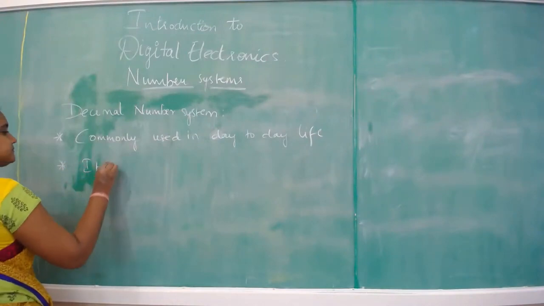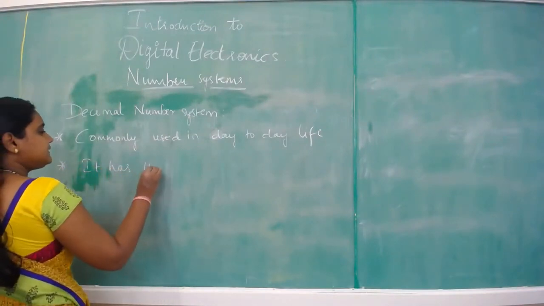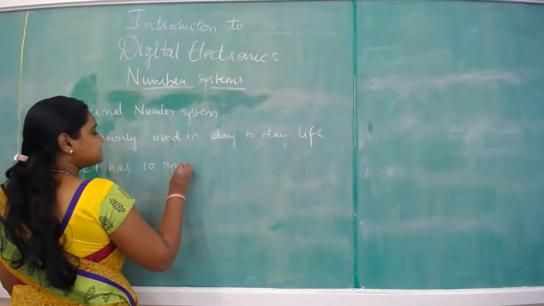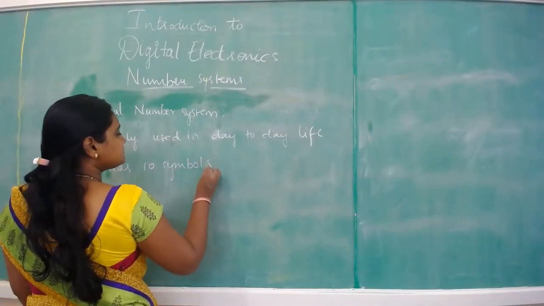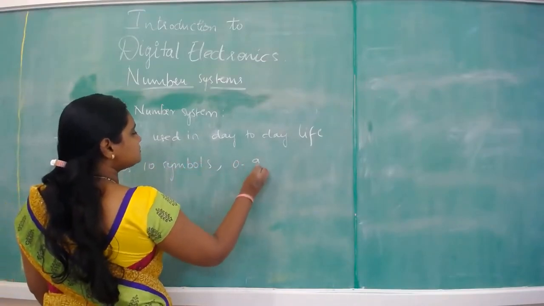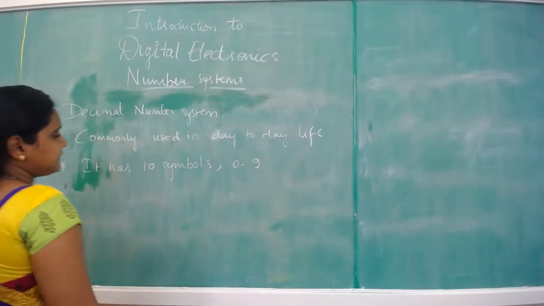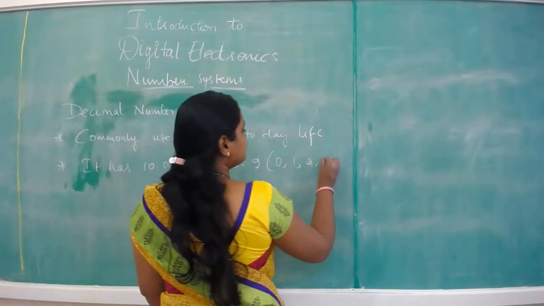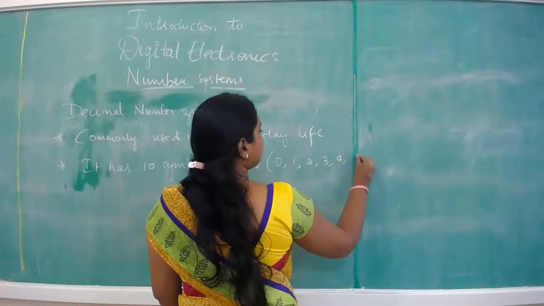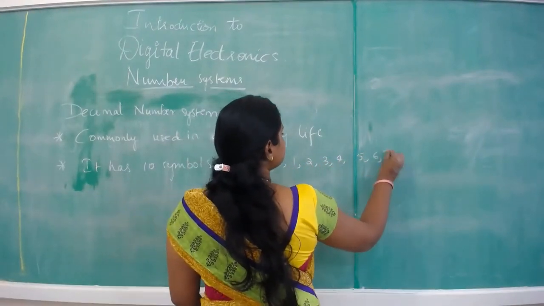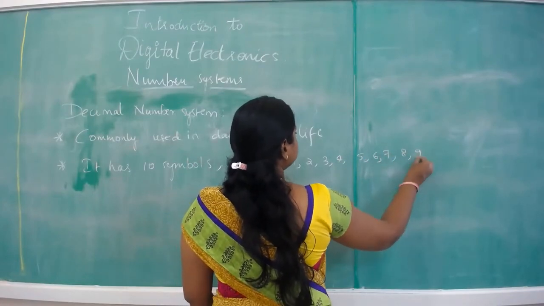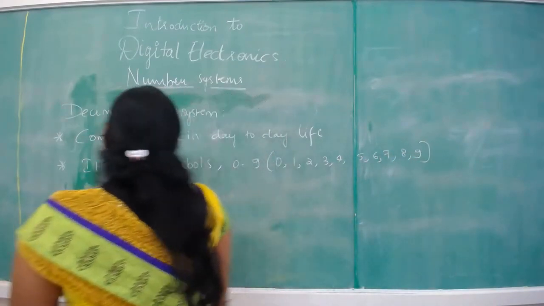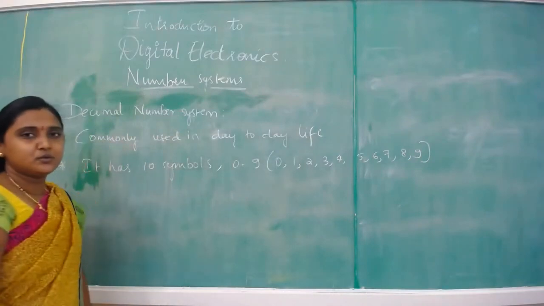It has 10 symbols, 0 to 9. Okay, it is 0, 1, 2, 3, 4, 5, 6, 7, 8 and 9. It is having a total of 10 symbols, 0 to 9.